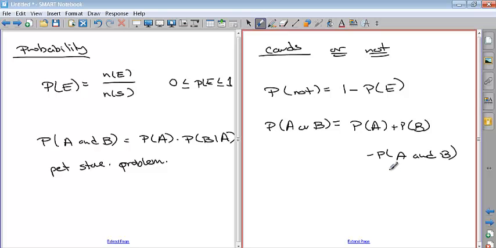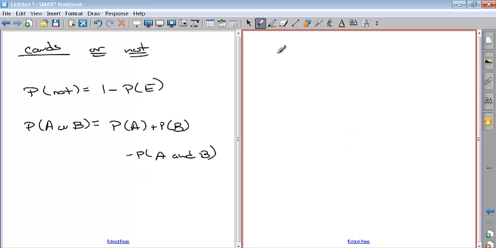Okay, then we had binomial probability. Binomial probability was the case where you had an event that could happen or couldn't happen.